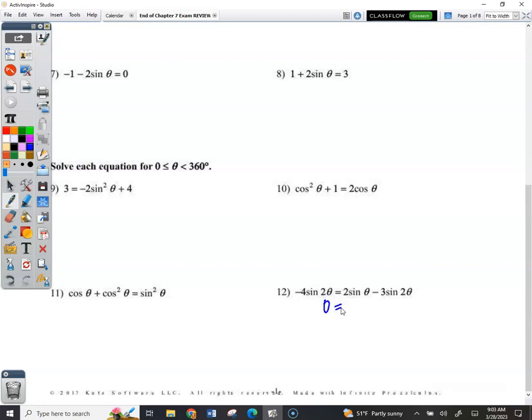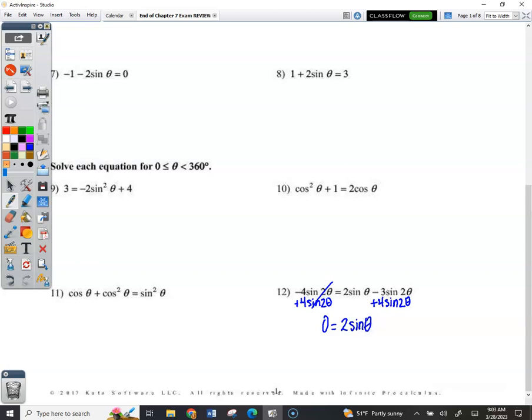So 0 equals this right here, sine of 2 theta, sine theta, and sine of 2 theta. This has a like term. Yeah, right here, if you say 4 sine 2 theta, and then come under its like term. Alright, so that's 0 equals, this just comes down because it's not a double angle.